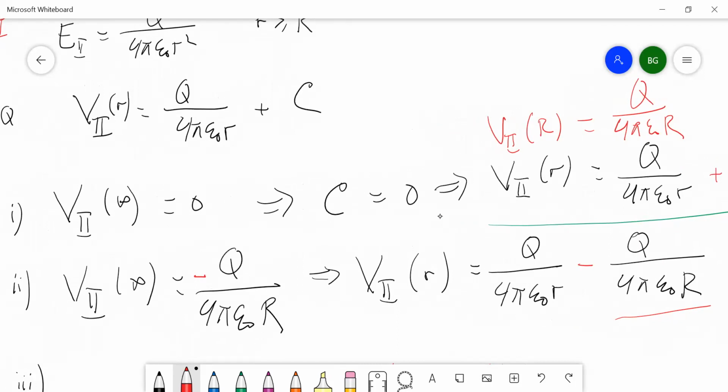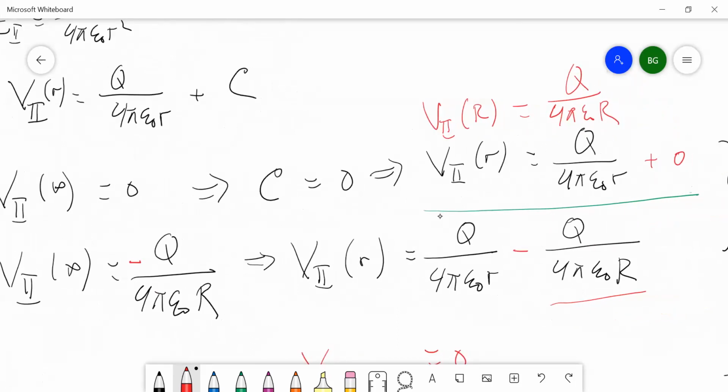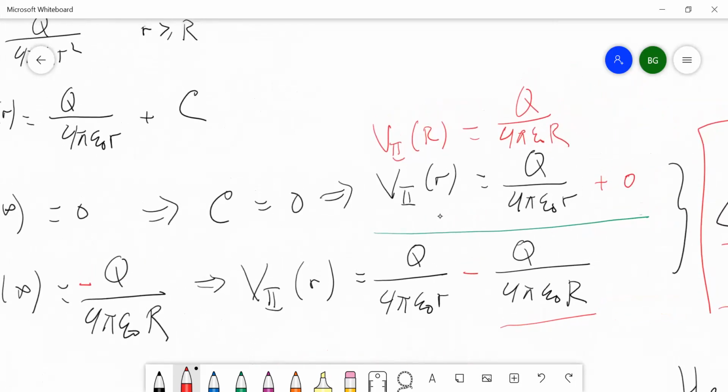The first example, the constant C equals 0. The second example, C equals minus capital Q over 4 pi epsilon 0 capital R. So the potential is changed by only a constant, but a different constant, which is non-zero.